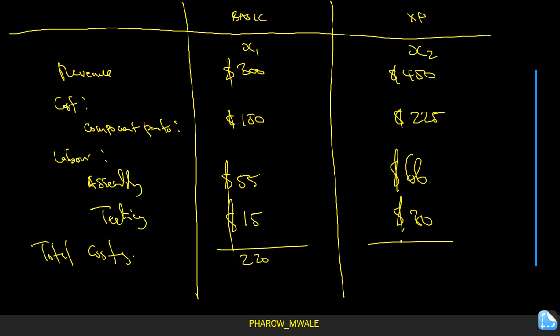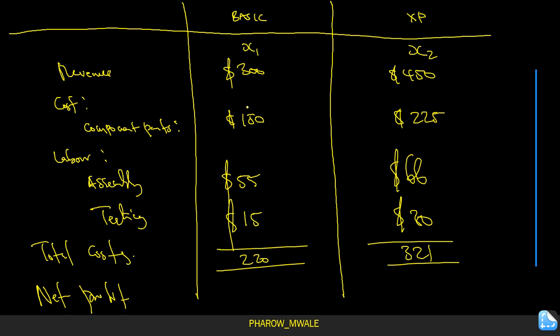And for the XP, it will be 225 plus 66 plus 30. This would give us 329. So these are the total costs. Now, what is our net profit per PC?